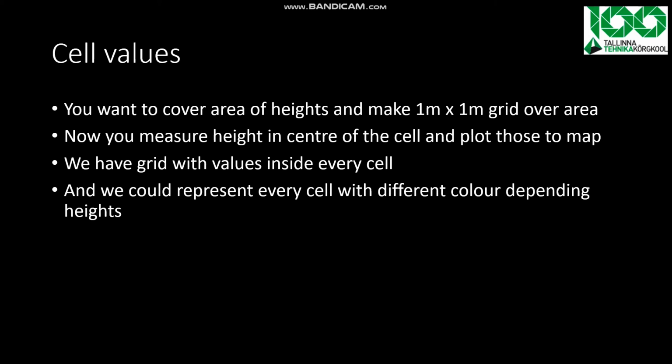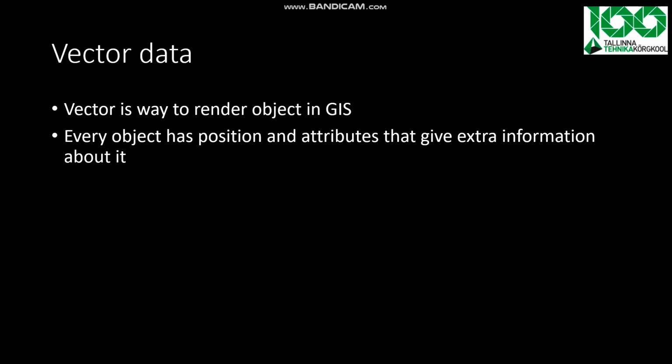Then you just have to measure the heights from the ground and plot those on the map, and now you have a grid, and in every cell there is some kind of value, and this value corresponds to the height. Okay, that was raster data. Let's move on to the vector data. This is the second way to manage GIS data inside QGIS.